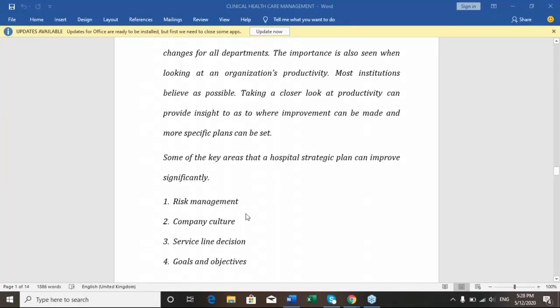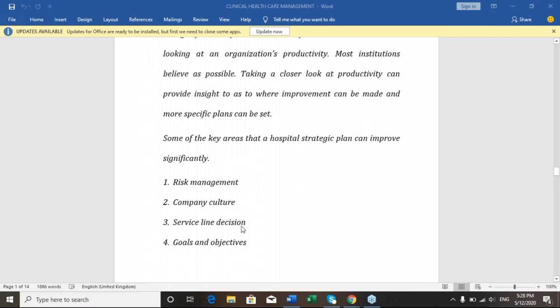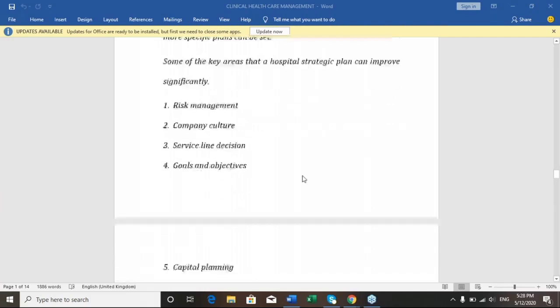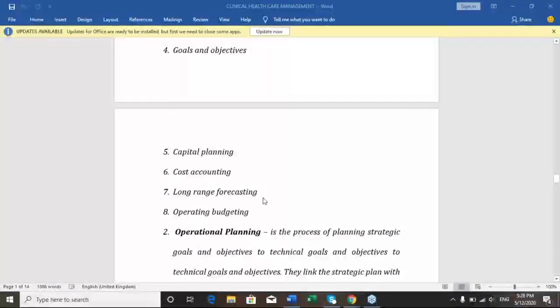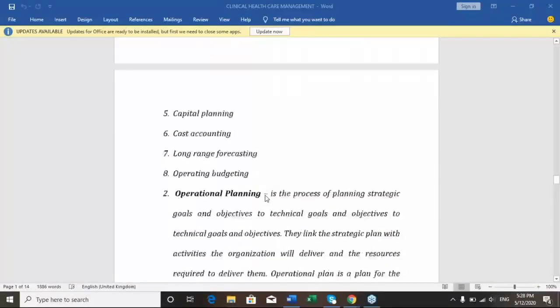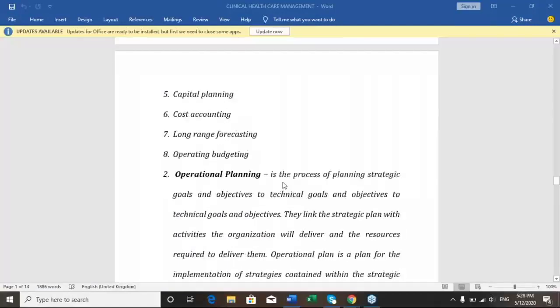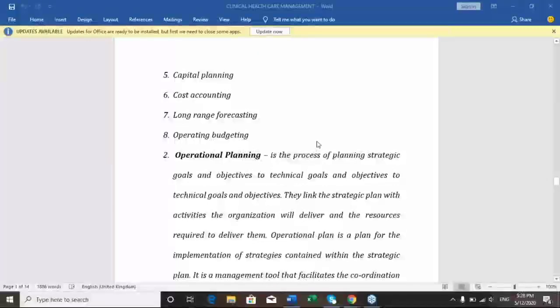That is risk management, company culture, service line decision, goals and objectives, capital planning, cost accounting, long range forecasting, operating budgeting. So we also talk about the second type of planning, that is operational planning.